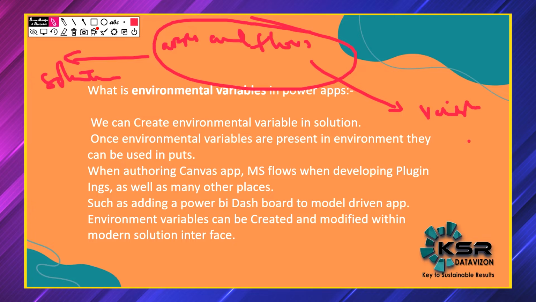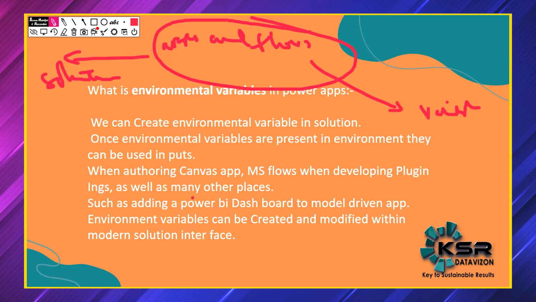When we are moving the particular solution from one environment to another, these should be bound to the solution. That variable you can call an environment variable. Environment variables are present in the environment. They can be used in inputs when authoring canvas apps, MS Flows, when developing plugins, as well as many other places.